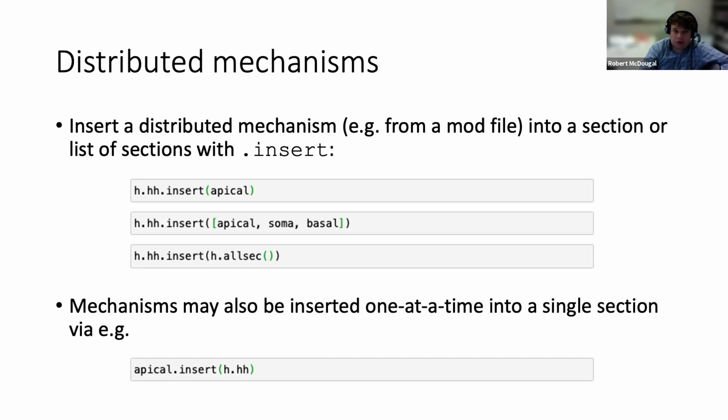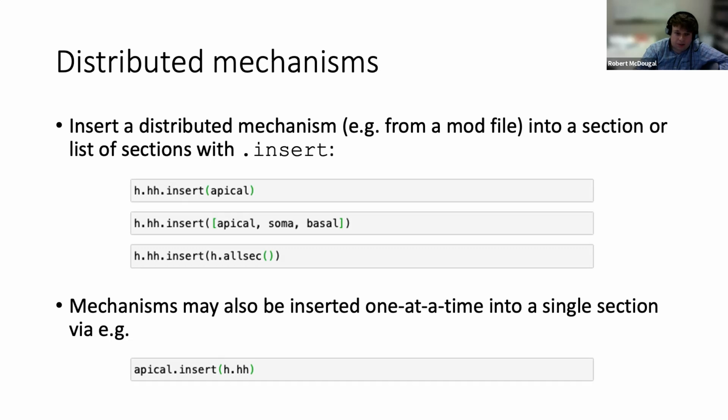If I want to insert Hodgkin-Huxley into the apical section, I can say h.hh.insert into the apical section. Or if I want to insert it into a whole bunch of sections, I'll just h.hh.insert it into a list of sections. You could imagine that I can use this to insert it everywhere. And in Neuron, h.allsec is the convention for everywhere. So this is going to insert Hodgkin-Huxley channels everywhere.